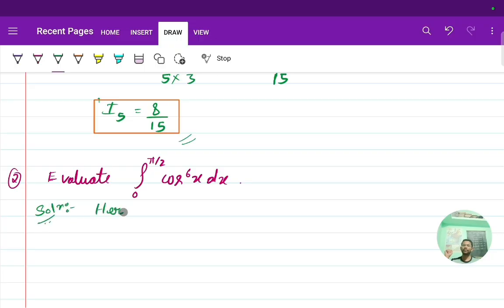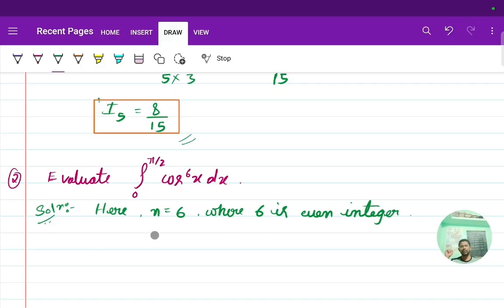Here we know that n is equal to 6, where 6 is an even integer.